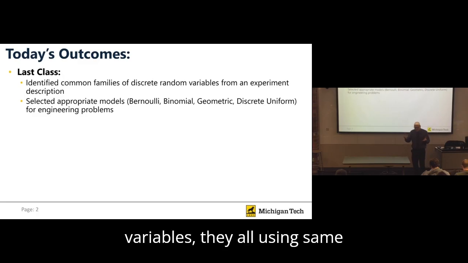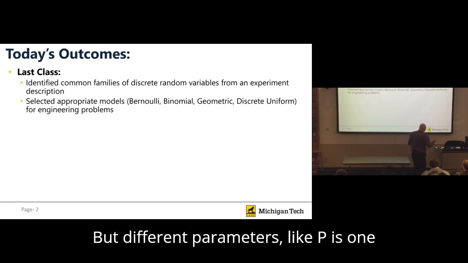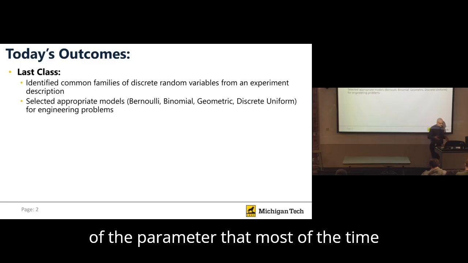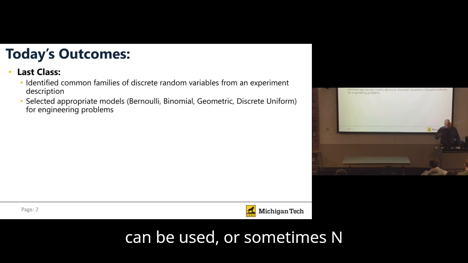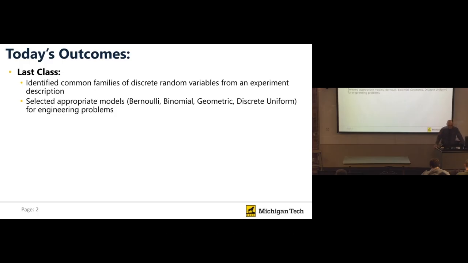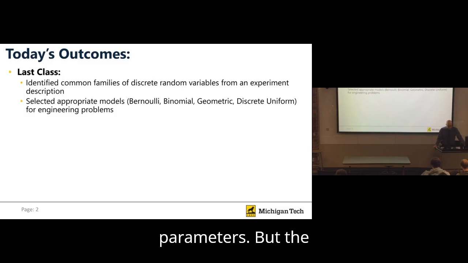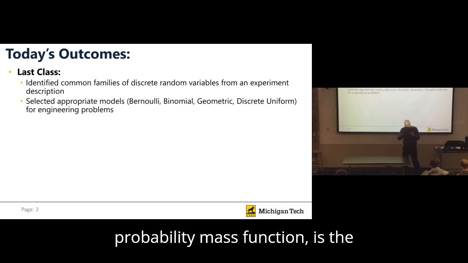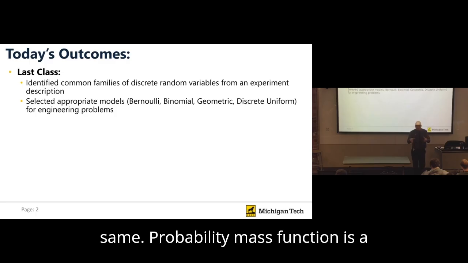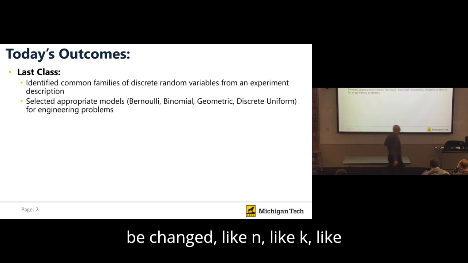They all use the same probability mass function but different parameters, like P, which is one of the parameters that can be used most of the time, or sometimes N and K. The general idea, especially the probability mass function, is the same. The probability mass function is a function, and the function has some parameters that can be changed, like N, K, and P.